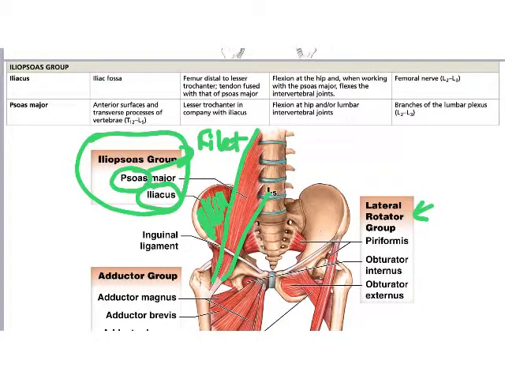You've got piriformis, so it's going to attach here on the anterior sacrum and then attach to the greater trochanter. So you can imagine when it contracts, it's going to rotate that hip laterally. And then obturator muscles we talked about already. There's obturator externus and obturator internus, and they will also do some lateral rotation.